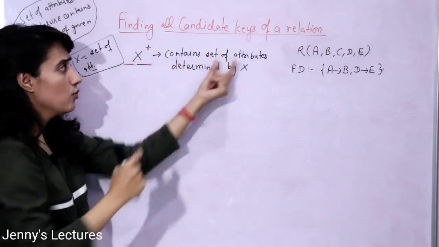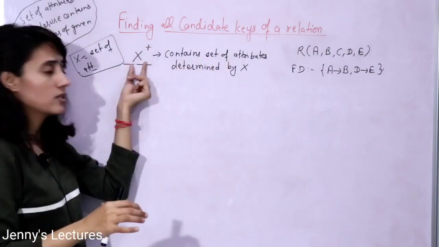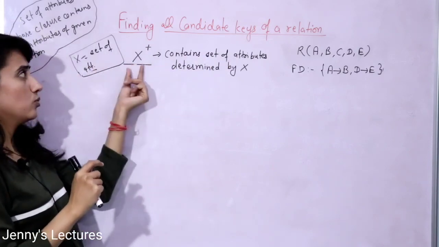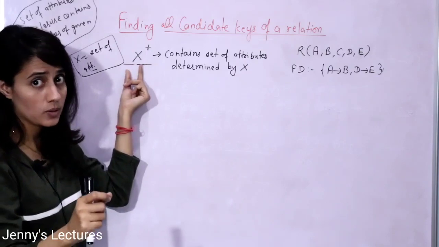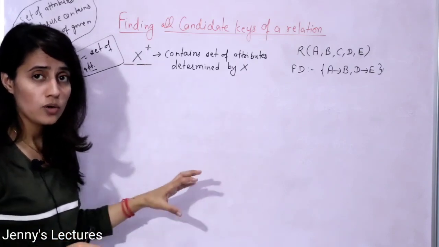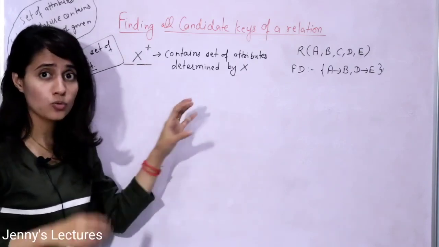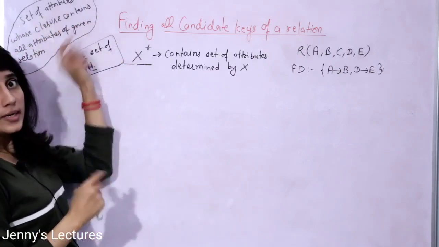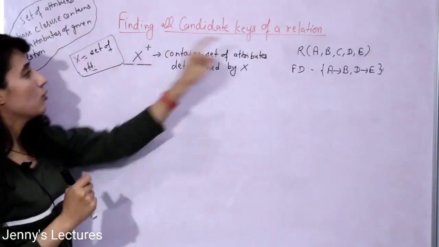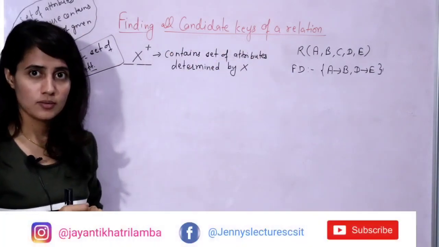It contains the set of attributes determined by X, and X is a set of attributes. X may be 1 attribute, 2 attributes, 3 attributes. And in the context of closure, a super key is a set of attributes whose closure contains all attributes of a given relation, right?